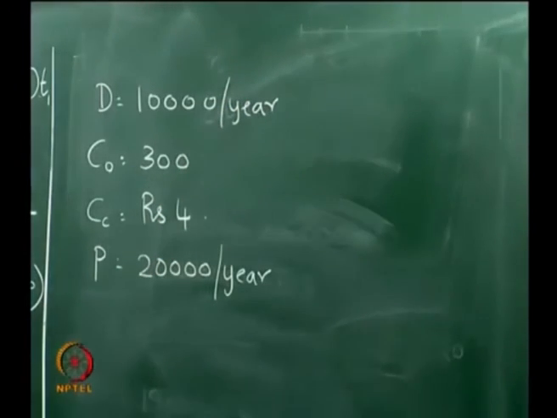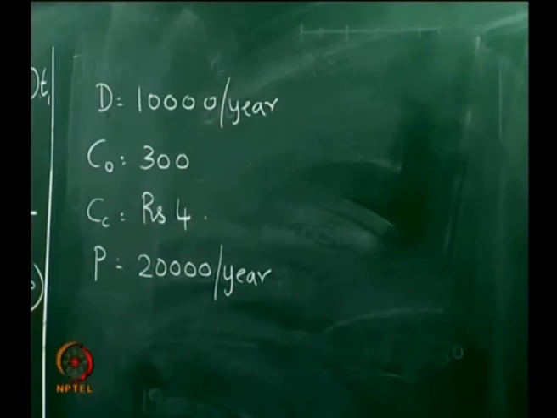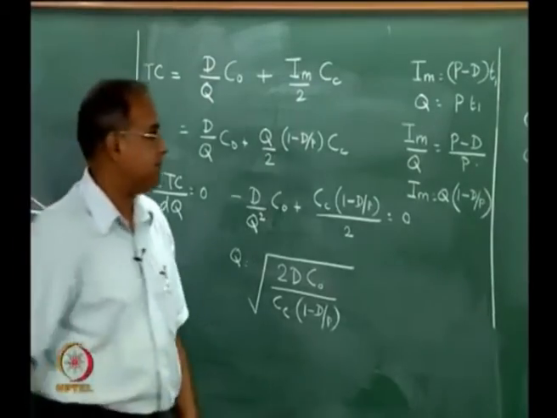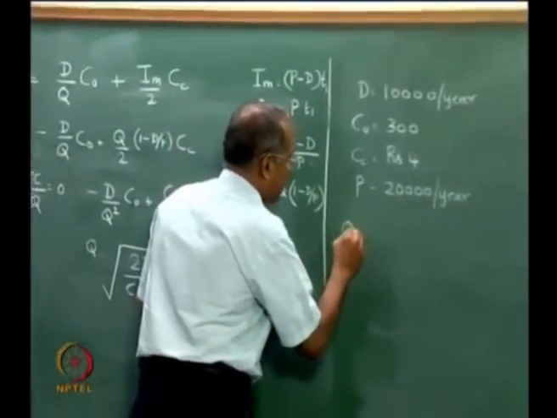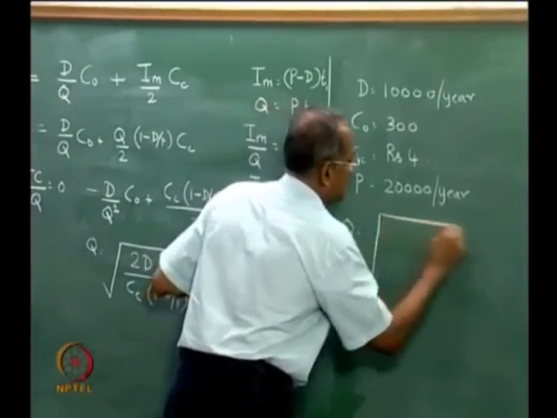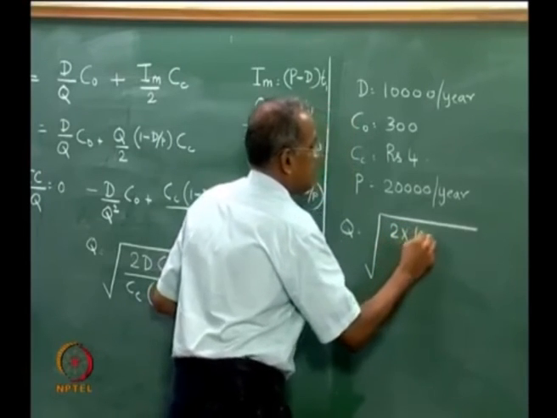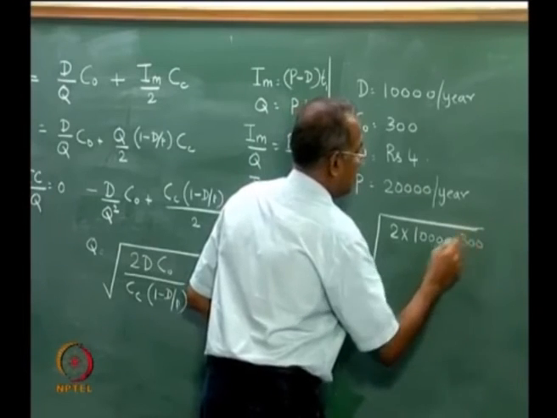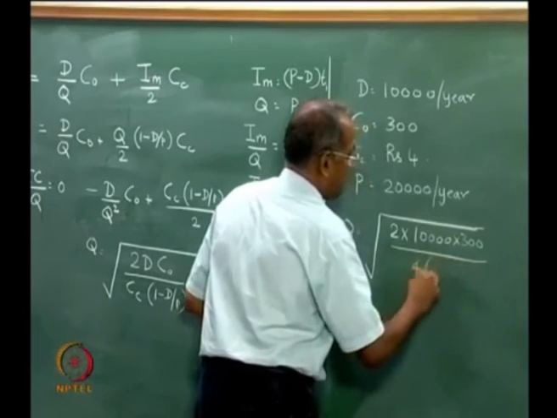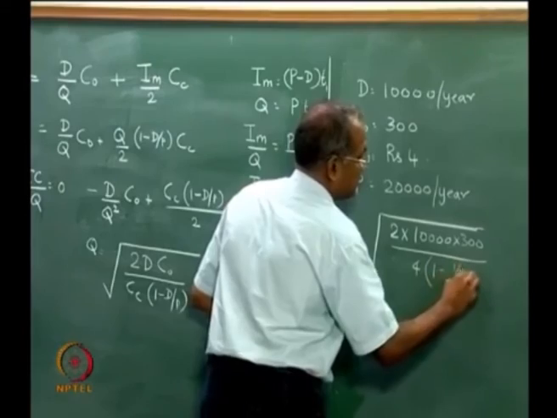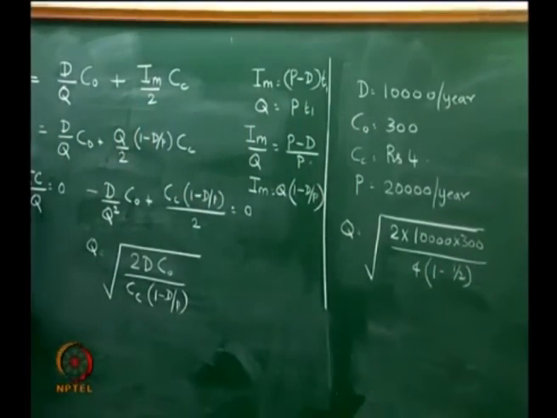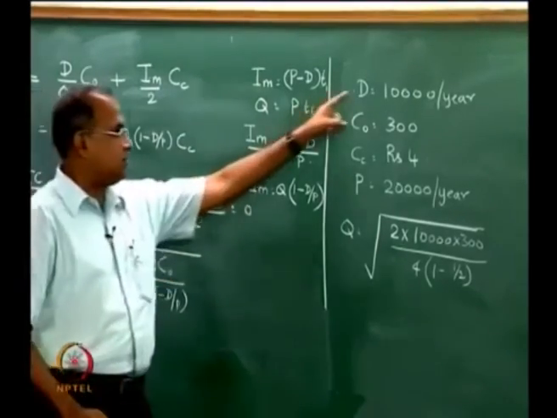Now, note that D and P should have the same unit because we have a 1 minus D by P coming in. So, if D is per year, P is also per year. So, Q economic batch quantity is given by root over 2 into 10,000 into 300 divided by 4 into 1 minus D by P, or it is 1 minus 1 by 2, 1 minus 10,000 by 20,000.